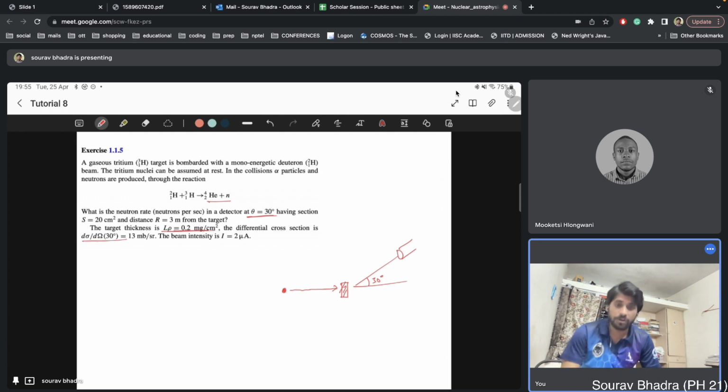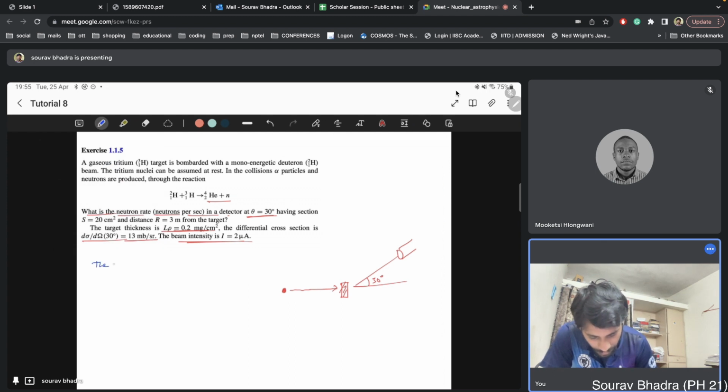The differential cross section at 30 degrees, because d sigma d omega is a function of angular position, is 13 millibar per steradian, and the beam intensity is 2 microampere. We will calculate the neutron rate, that means neutrons per second captured by the detector at 30 degrees.